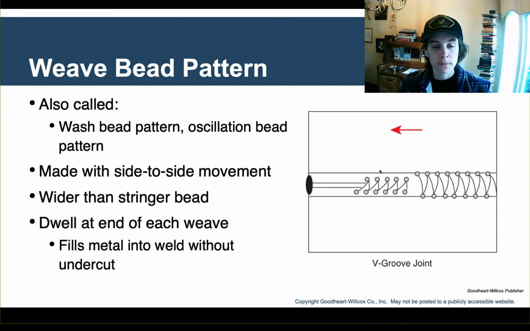You want to figure out what the best pattern is for yourself, and obviously not pause too long, but you do pause a little bit, again like a half second or so, on either side. This helps to prevent undercut, one of the problems that we've talked about in past lectures.